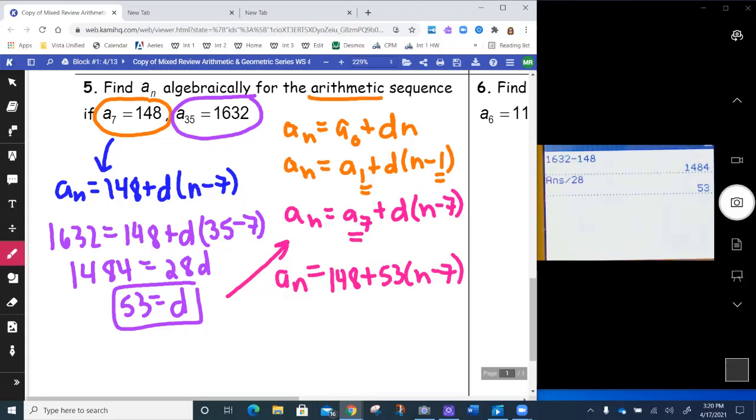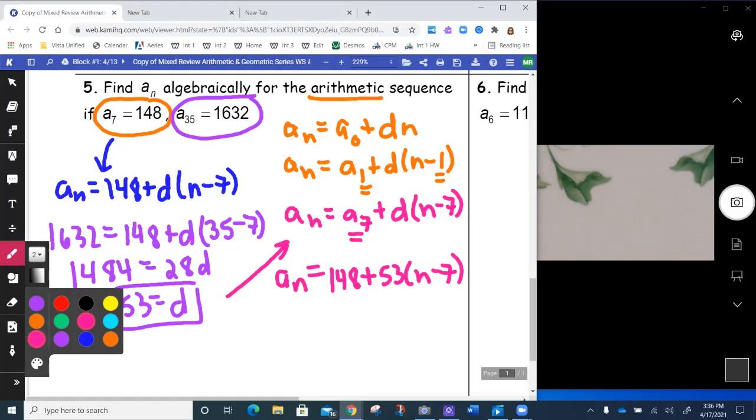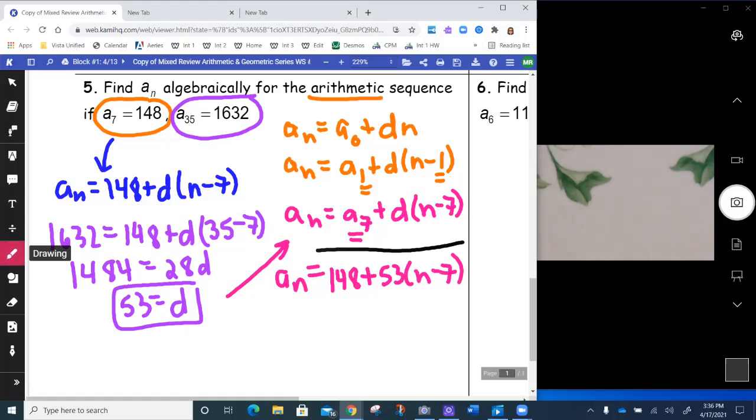Now, if you want to write it like we normally do with the n minus 1, I'll show you how to do that next. So again, this is an acceptable equation. It is an n minus 7, because this is my seventh term.